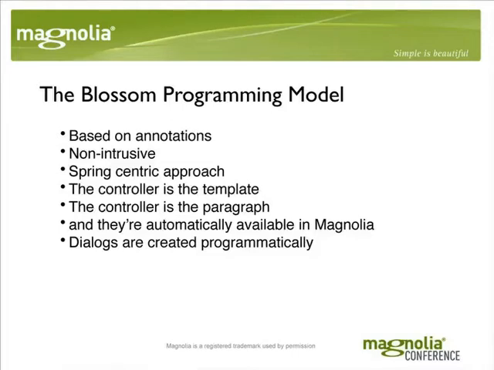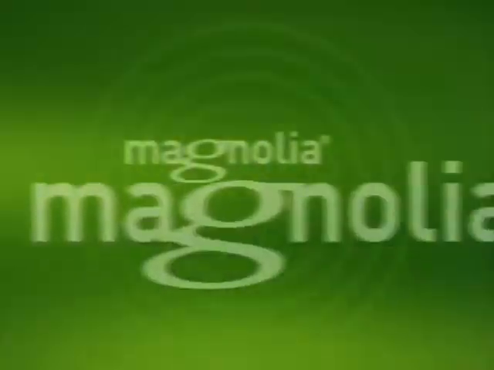And it's based on a design principle that says that the controller is the template. The controller is the paragraph. And the controllers are automatically available in Magnolia as templates and paragraphs. And then dialogs, they're created programmatically, which we'll get to in a few slides.